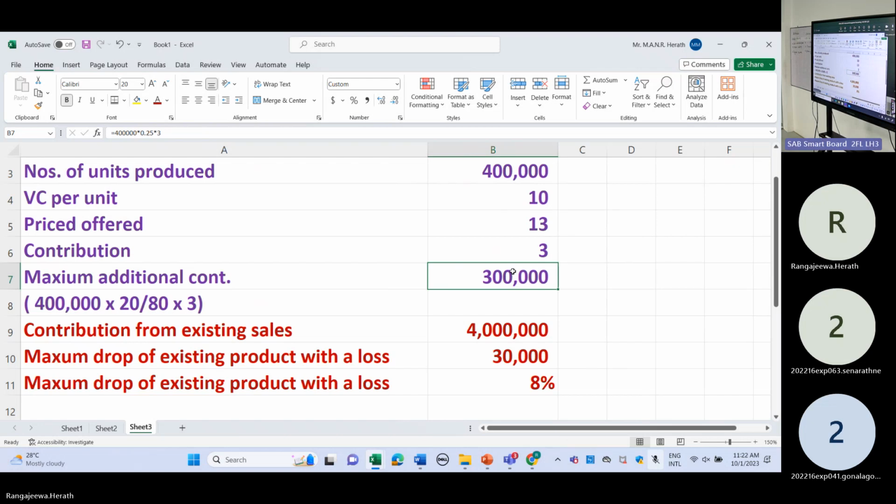So we can't take the decision ignoring that fact. There can be a direct decrease in the demand of existing product, existing sales. Right? So there will be a loss of contribution, even though from the manufacturing side there is no impact.